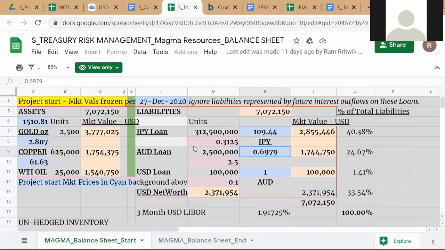Although when you actually hedge, because of the constraints I put on you in this project, you will be hedging using futures contracts, which in the case of yen at least are quoted in a different way. I've deliberately put in yen. For the Aussie dollar, there is no difference in the way it's quoted, but I've deliberately put in dollar-yen because I want you to get confused, and I want you to deal with that confusion in the way you manage it, because that is an essential part of the learning.